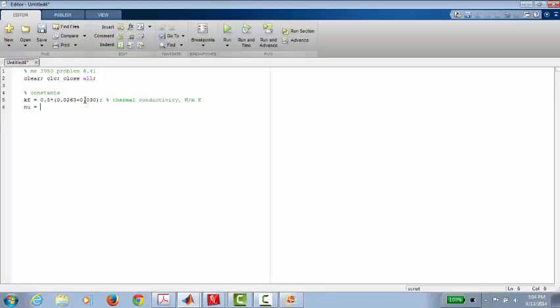Our kinematic viscosity is going to be half of 15.9 e to the minus 6 plus 20.92 e to the minus 6. Finally, our Prandtl number is 0.5 times 0.707 plus 0.700.